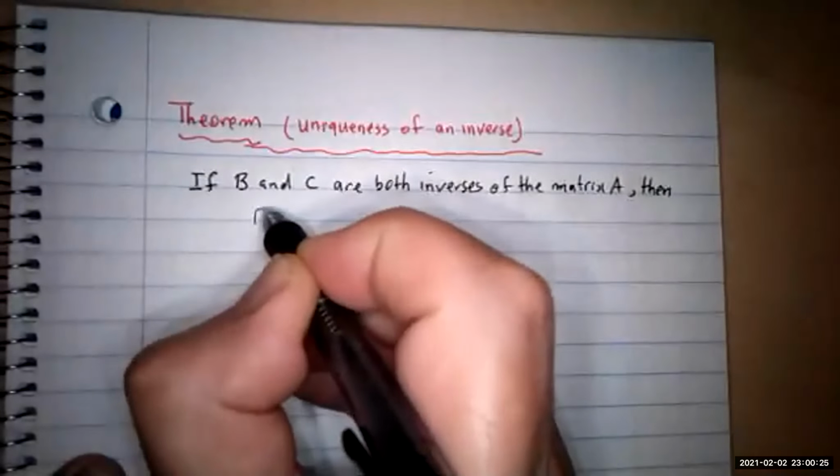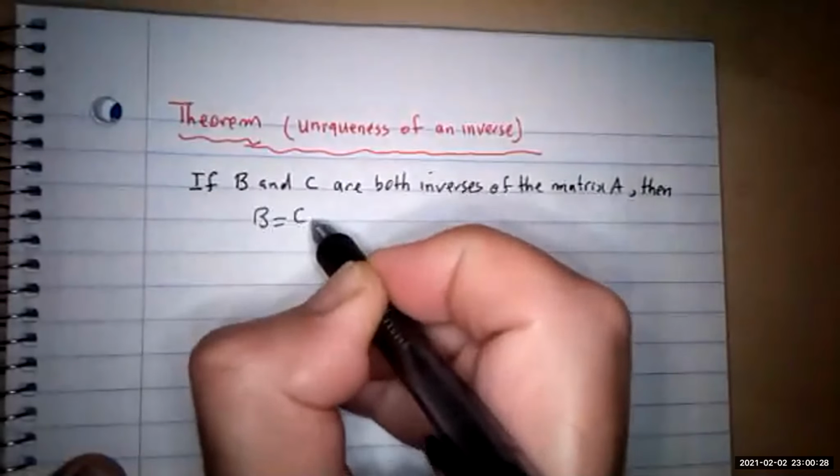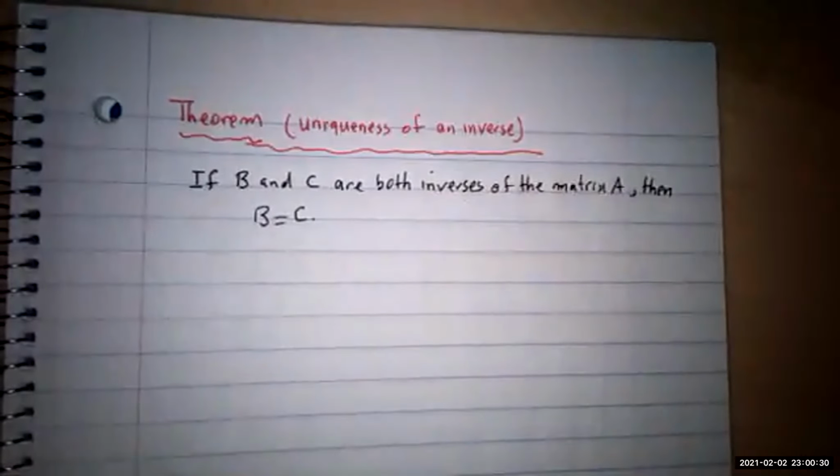Then B must be equal to C. That will help us quite a lot for proving something. So this means you can only have one inverse. You cannot have two inverses.